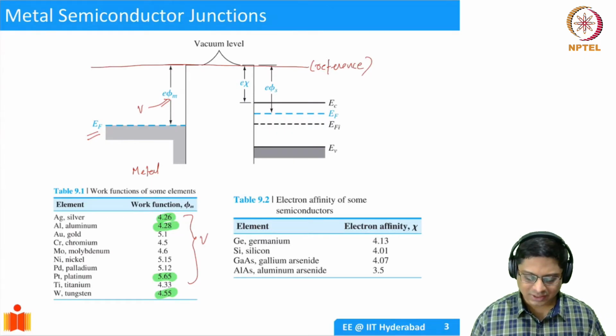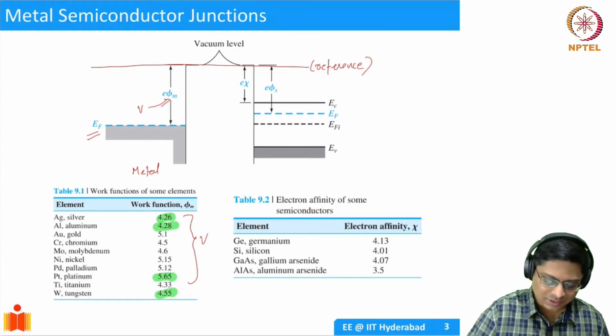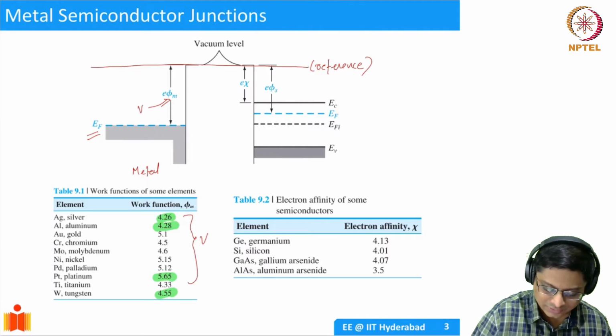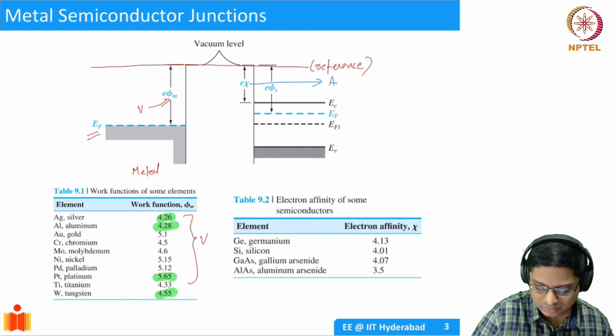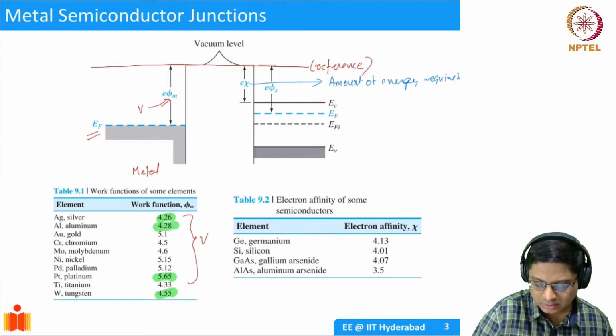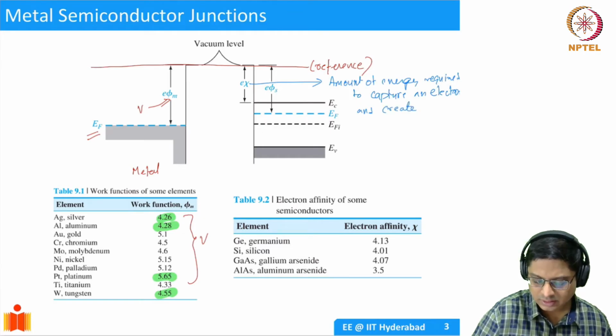In the bands, you can show electron affinity as basically this: the amount of energy required to capture an electron and create a negatively charged ion.